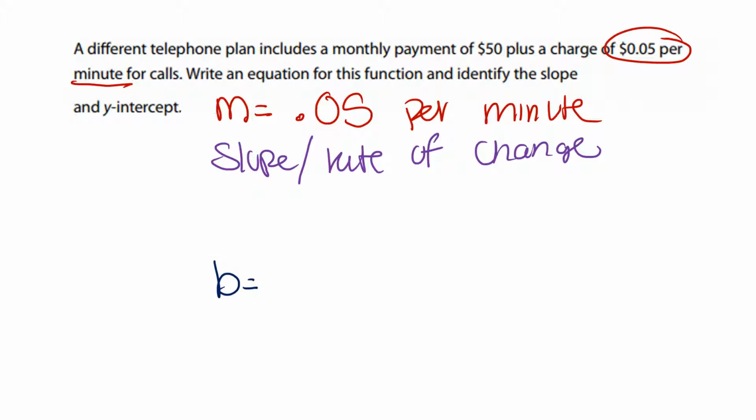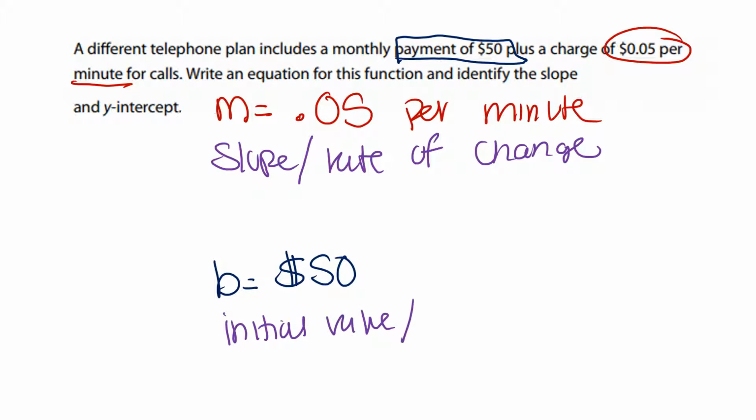The B value is going to be the $50 charge, the $50 payment. You pay the payment first, and then you pay for your minutes. The B value is our initial value, also called the Y-intercept.